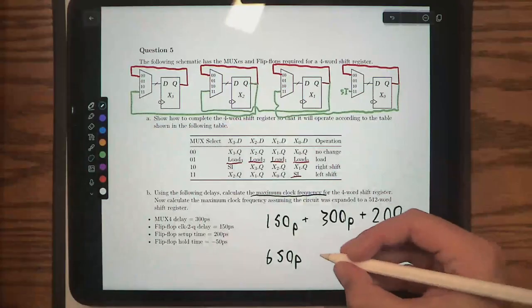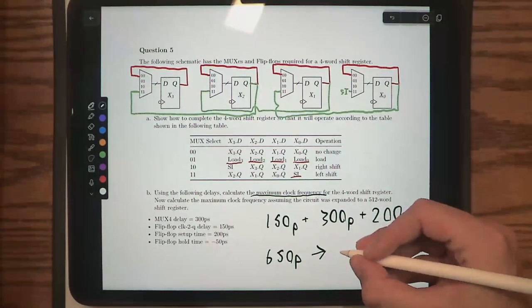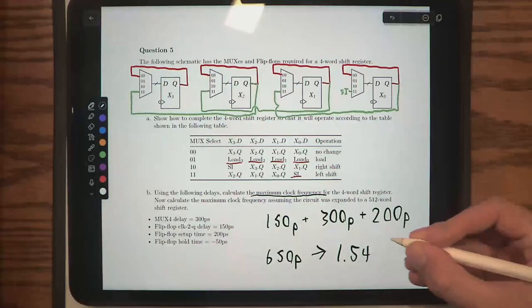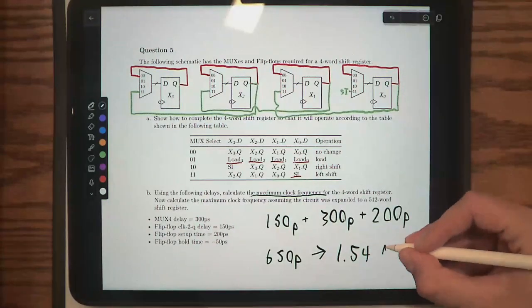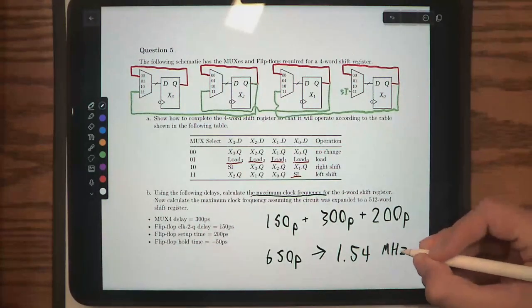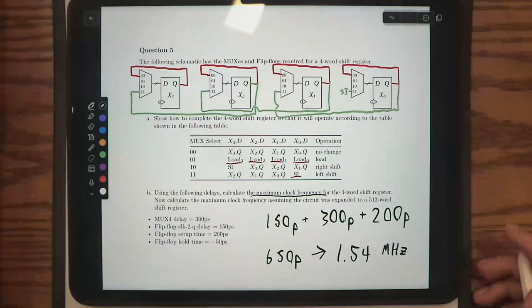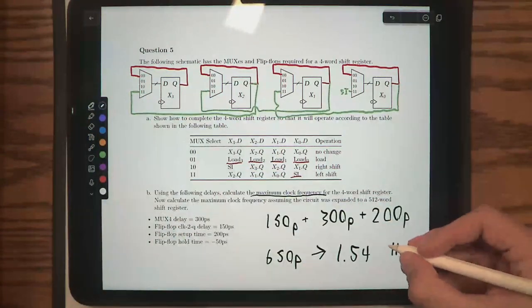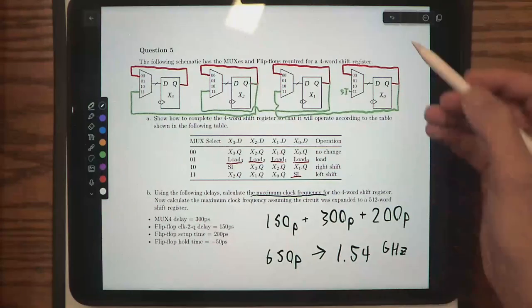So this is 1.54 megahertz? Gigahertz, because now we're dealing with picoseconds.